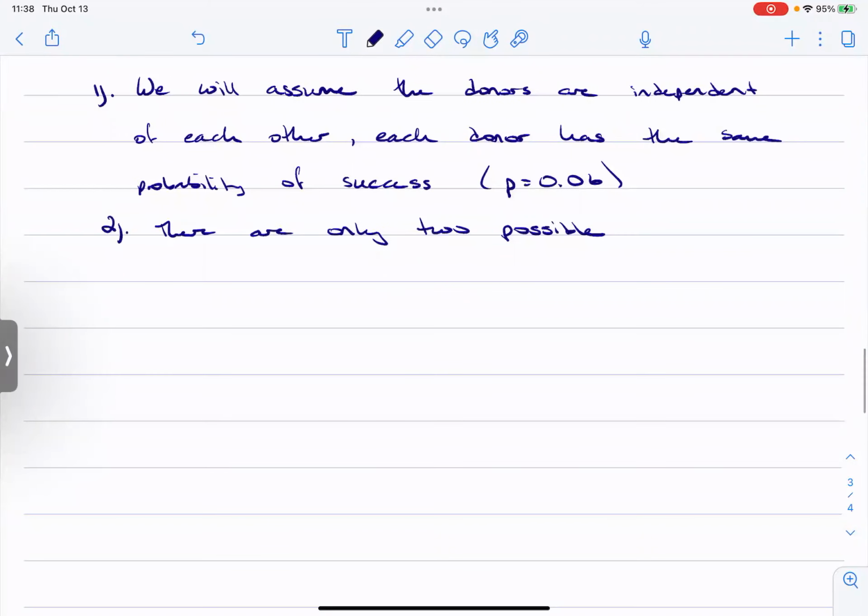So there are only two possible outcomes, right? You're either O negative or not O negative. Maybe I'll make this an arrow. So we've lumped everyone else into a not O negative group. Okay.